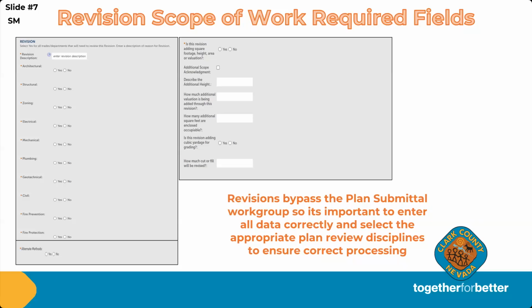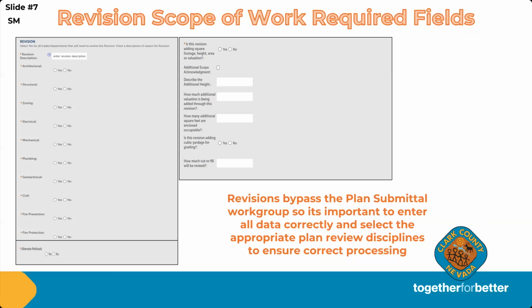So once you click that amendment button, it's going to ask you some questions. You're going to go through the screens, but to highlight for you some of the particular screens for revisions, you'll enter in a description at the top, and then you have to select which review workflows are applicable to your revisions.